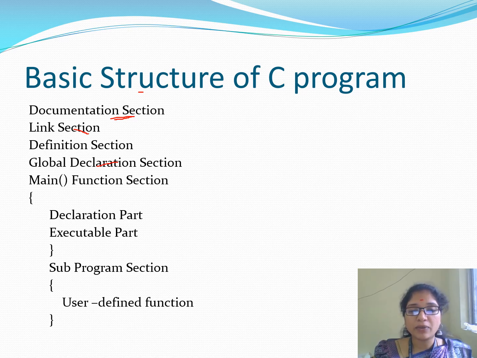But if we declare something within the main function, we can use it only within that function, not apart from that. And then the main function, which has the declaration part and the executable part. So some statements we write there, and then the sub program section. In that sub program section, user defined functions are declared.